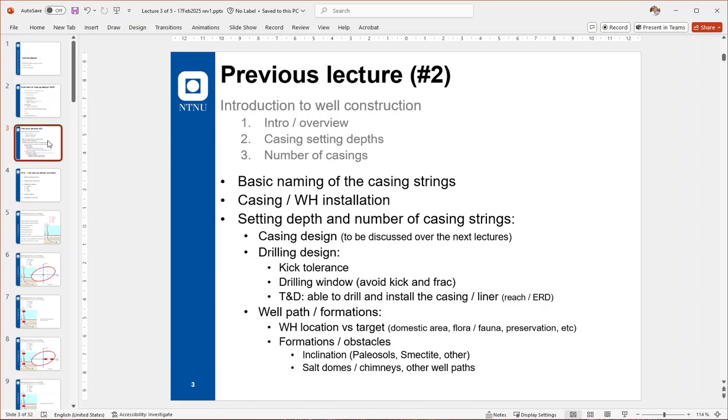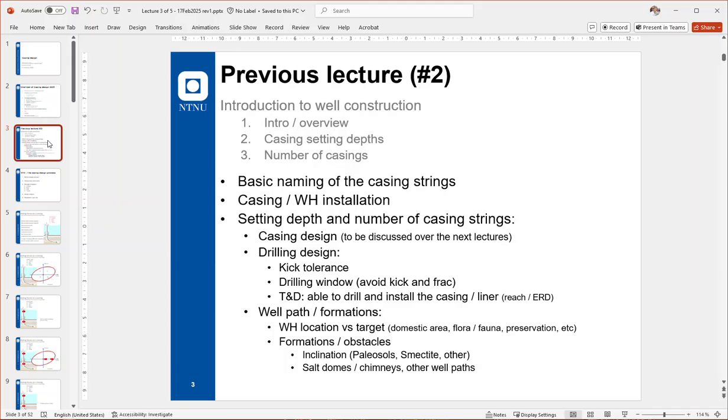There could also be formations or other obstacles in your way from where you start drilling. Typically, what we have in some fields in offshore Norway, paleosols, would be formations that easily go on losses, not very competent in some contexts.